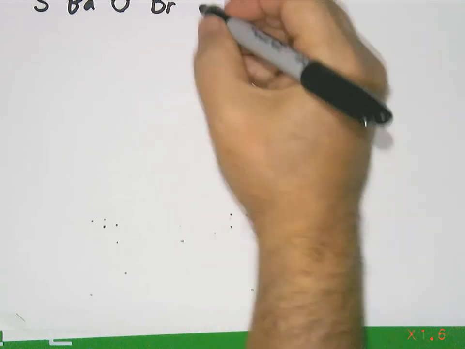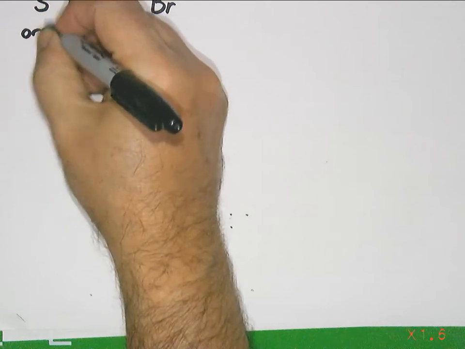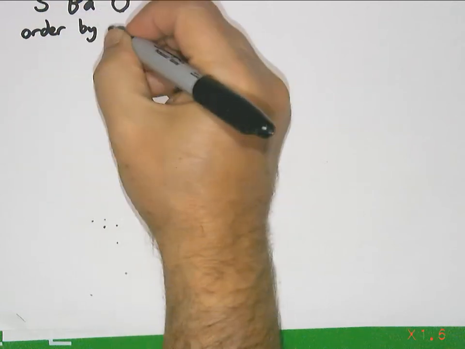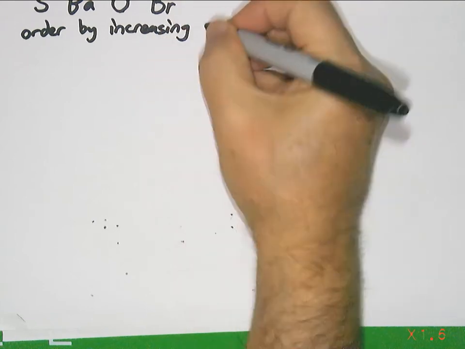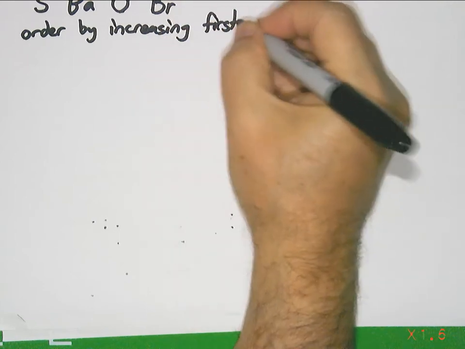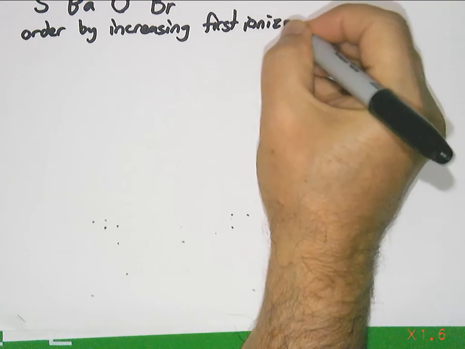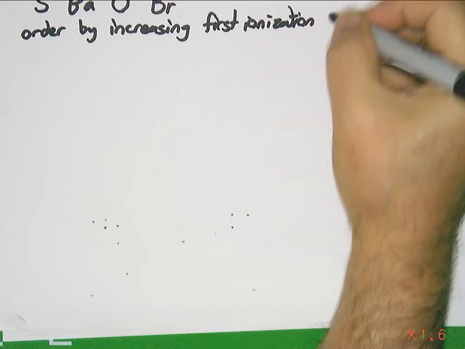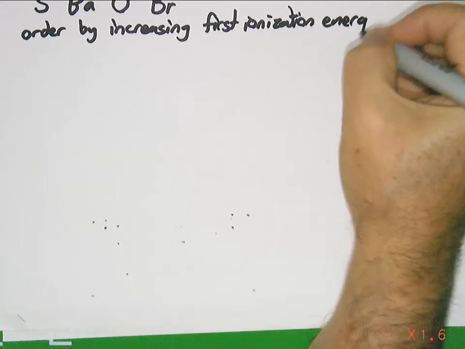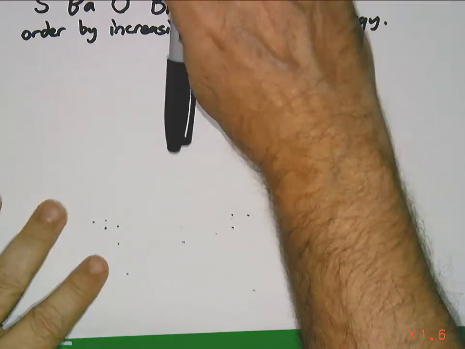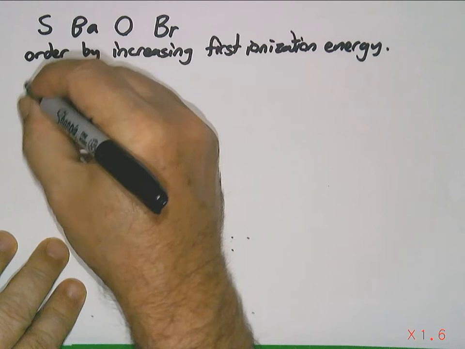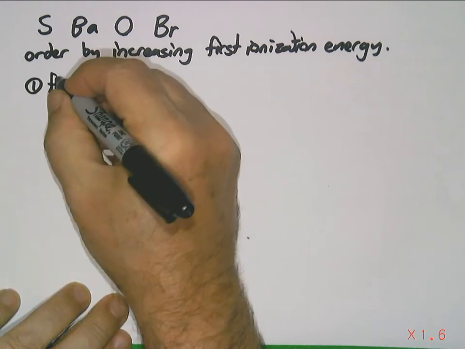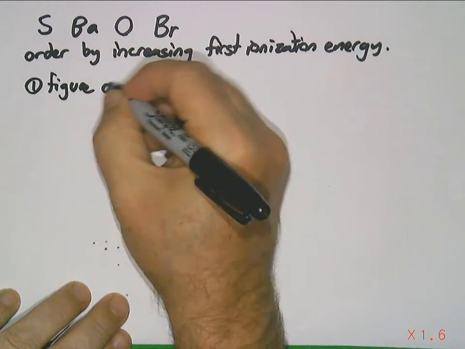And I want to order these by increasing first ionization energy. The first thing I want to do is figure out the size trend.